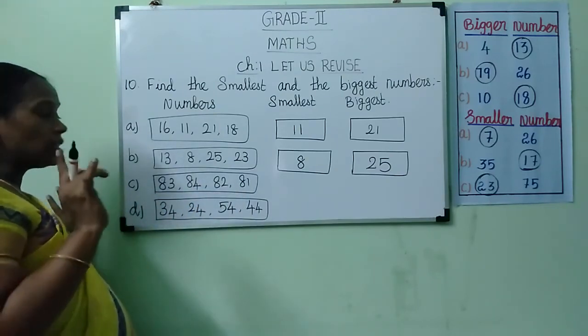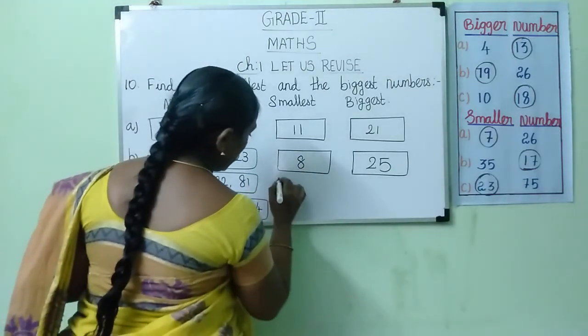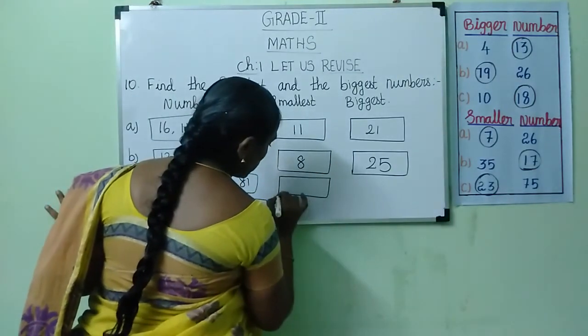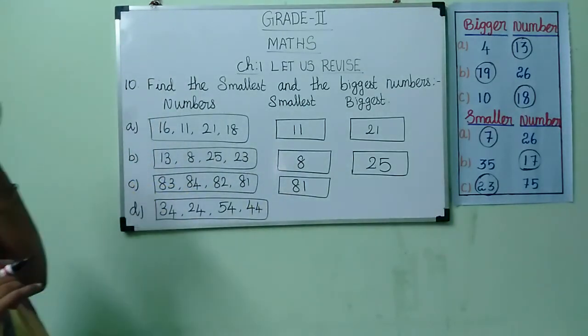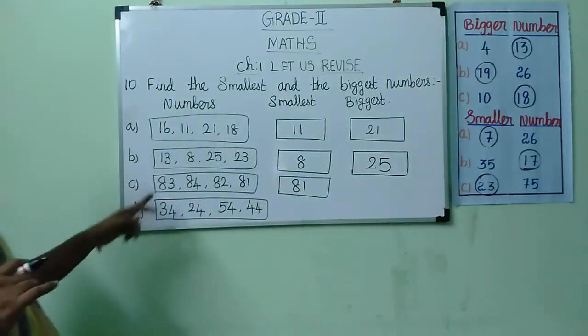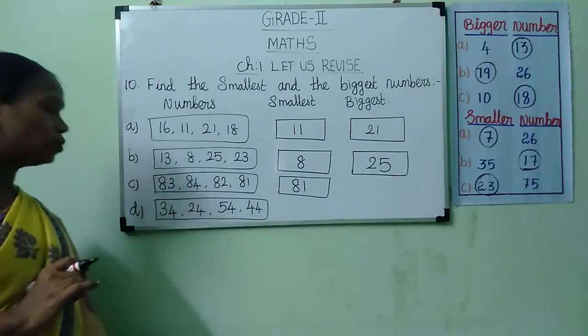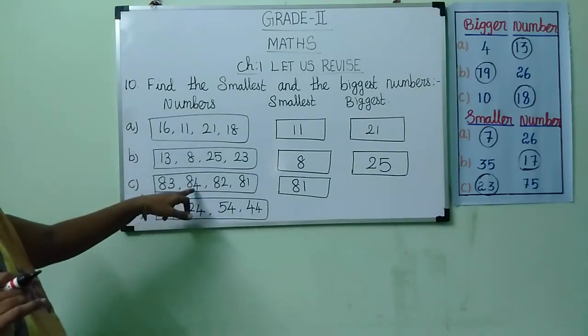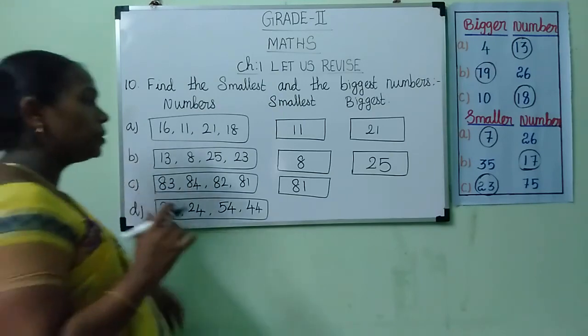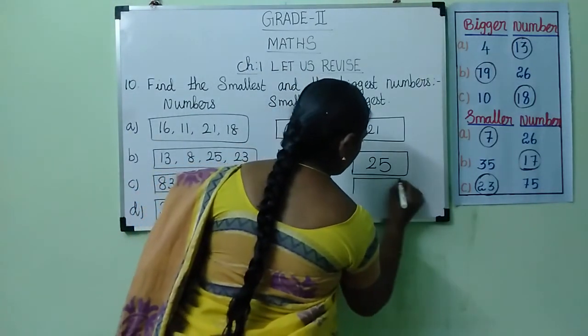Yes, 1 is the smallest number. So 81 is the smallest number. Okay. Which number is the biggest? 3, 4, 2. Which number is the biggest? Yes, 4 is the biggest number. 84 is the biggest number.